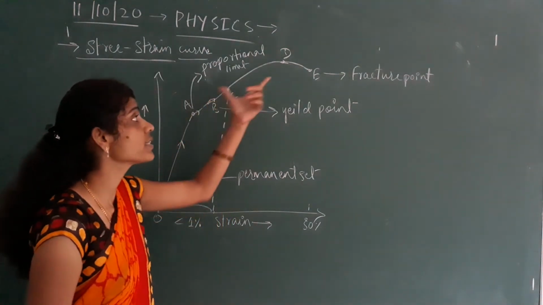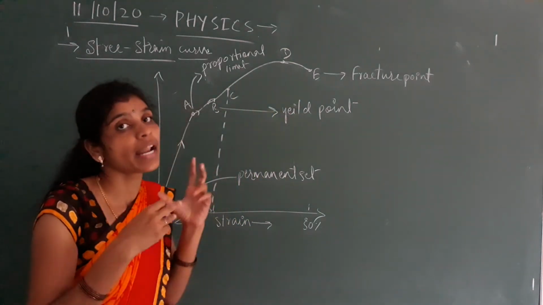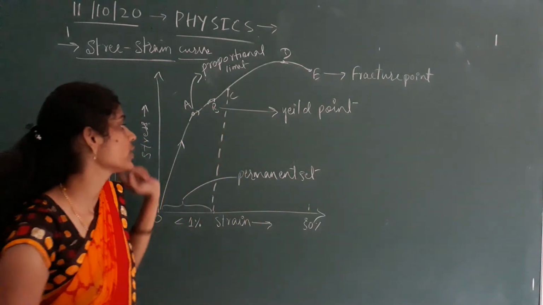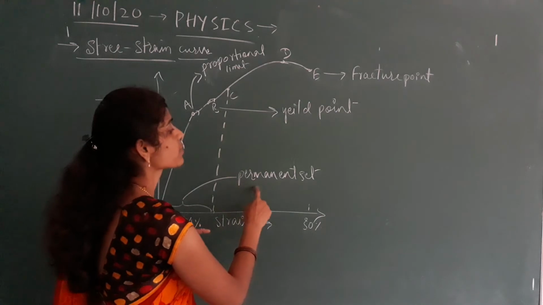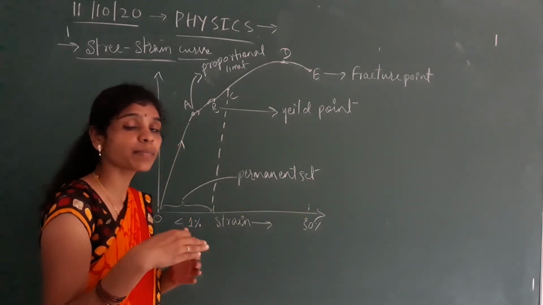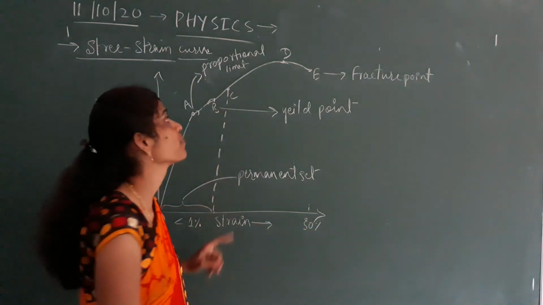Therefore, in this region the curve is not linear, Hooke's law is not satisfied, and the elasticity property is converted into plasticity. So the point C is called the permanent set. That means the elasticity property is converted into some other property, that is the plasticity property.